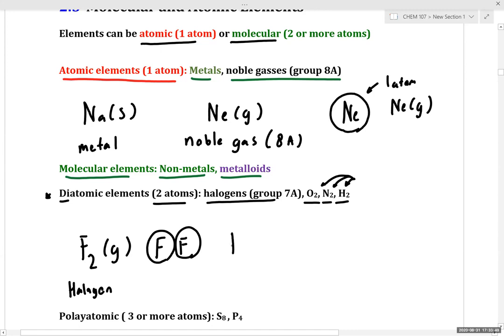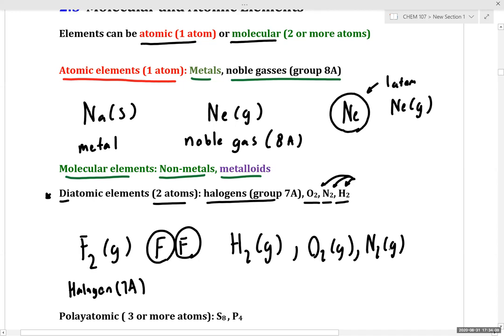Other examples of diatomic elements would be hydrogen, written as H2 gas, oxygen, written as O2 gas, and nitrogen, written as N2 gas. So all of our halogens are diatomic, as well as hydrogen, oxygen, and nitrogen.